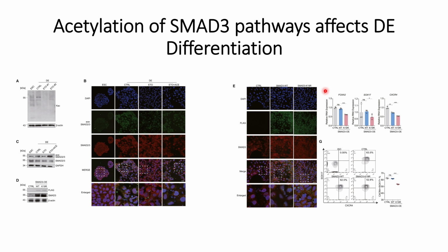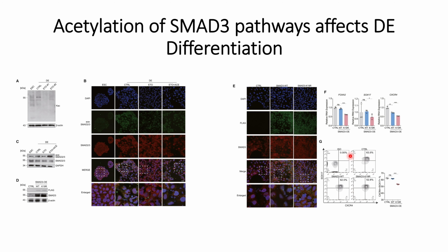And they checked whether this difference affects the differentiation or not, whether the problem in SMAD3 nuclear localization in the mutant affects the differentiation of the human embryonic stem cells to the definitive endoderm. They then checked the markers for the definitive endoderm, and they can see that there is a reduction in these markers such as FOXA2, SOX17, and CXCR4.